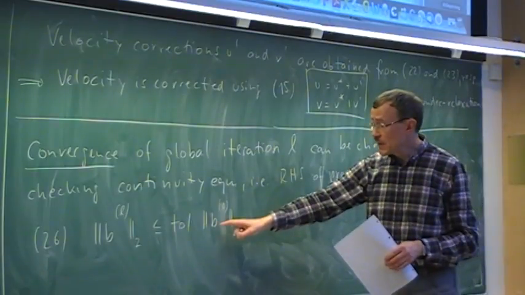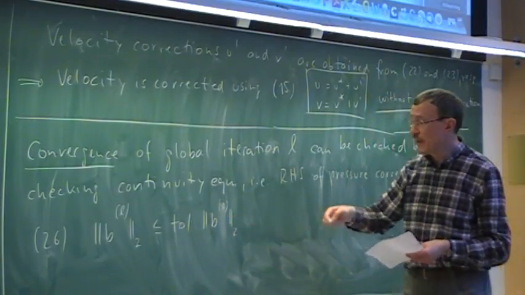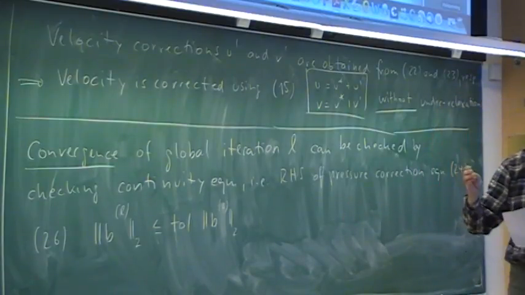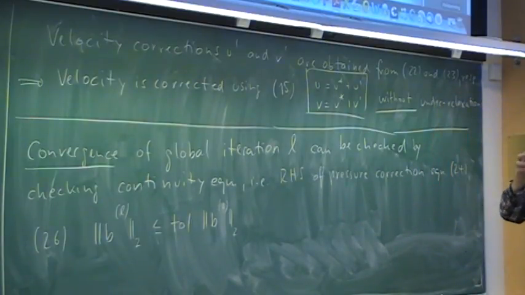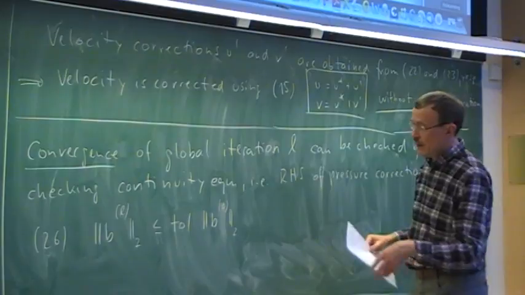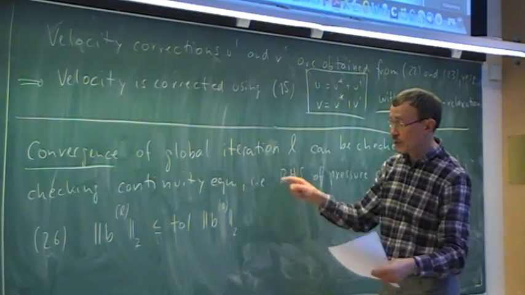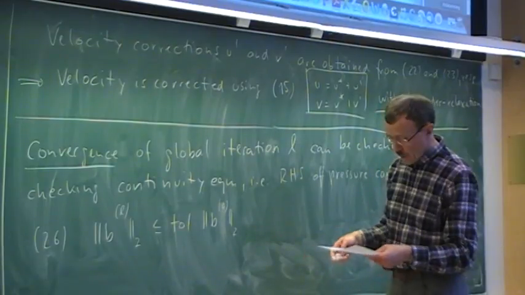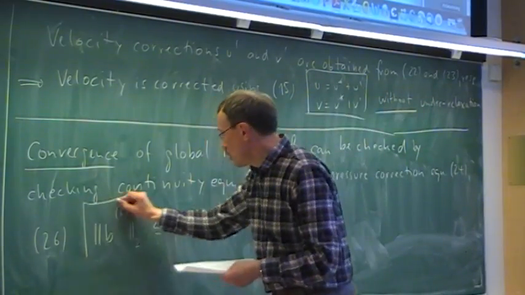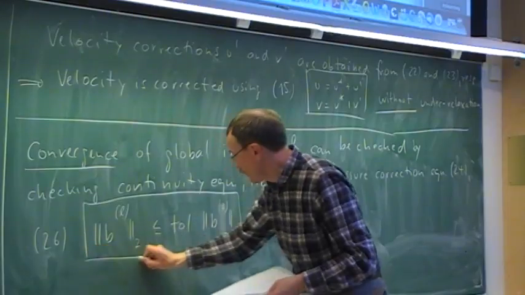So the B is the discretized mass flow over the control volume. And that is then for each control volume, and then we sum over all and take the sum of the squares and then multiply by delta x delta y and take the square root. So that could be then used as a global convergence criterion.